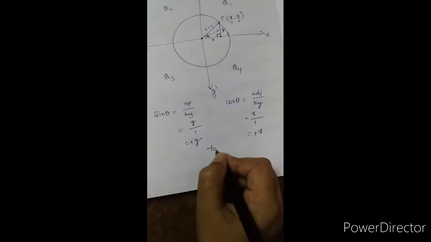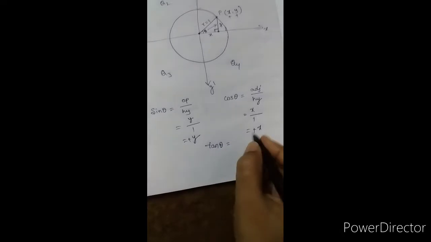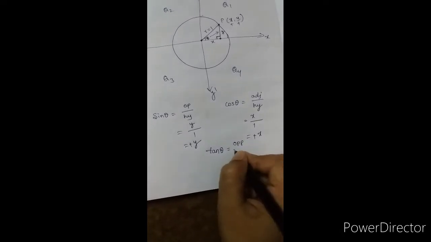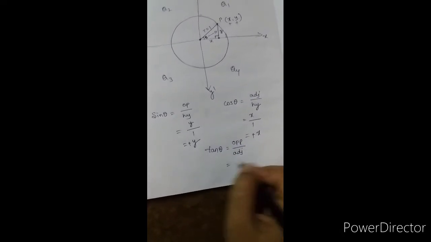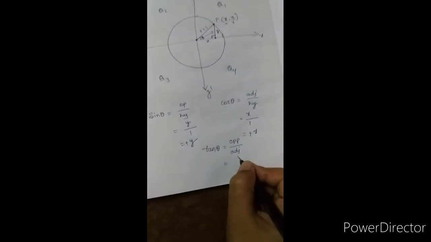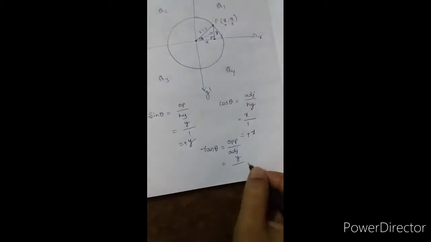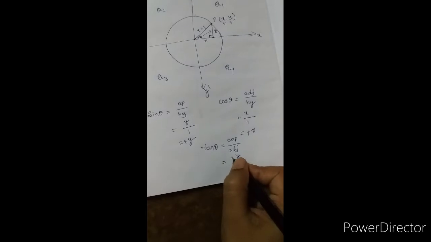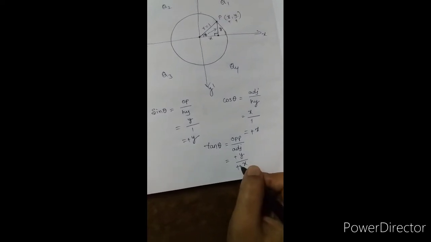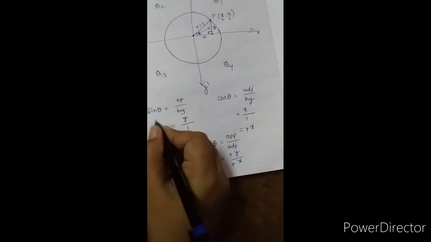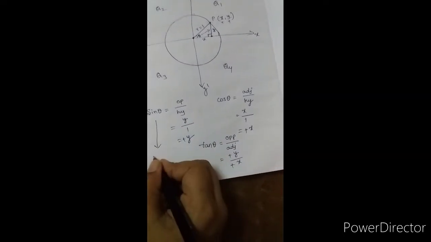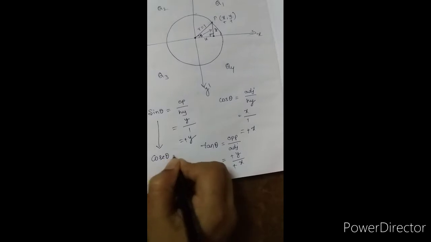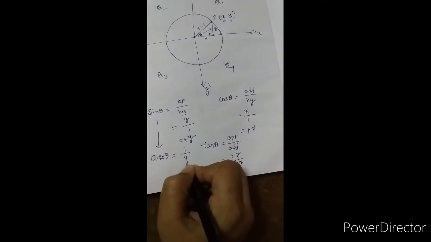Next one, tan theta. Tan theta is equal to opposite side by adjacent side. So opposite side y by adjacent side x. So y is positive, x is positive. So tan is also positive. Okay. So what is the reciprocal of sine theta? It's cosec theta. So its value will be 1 by y. It's also positive.